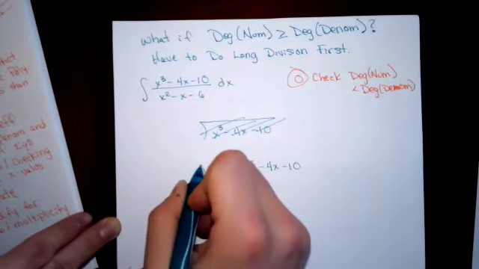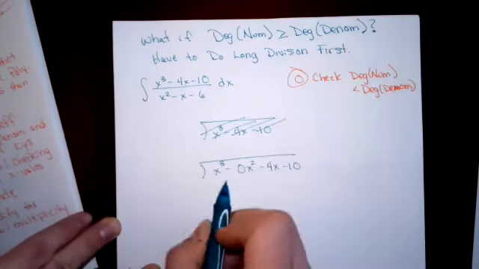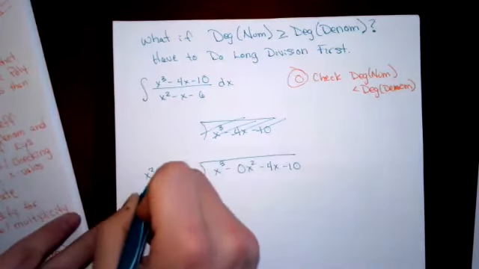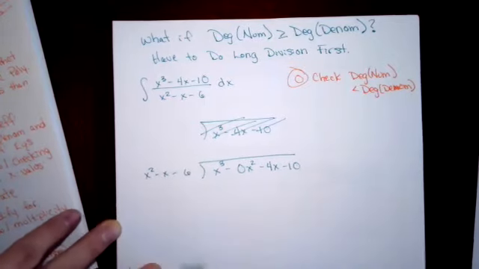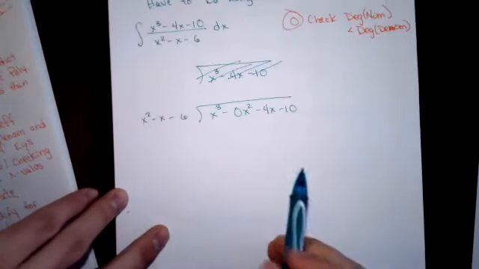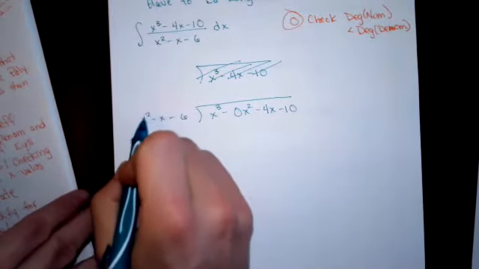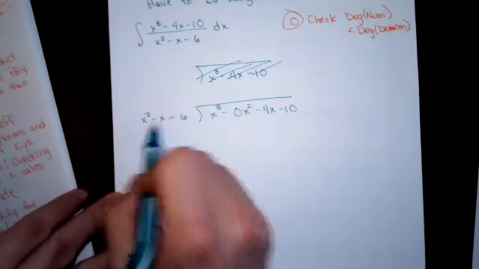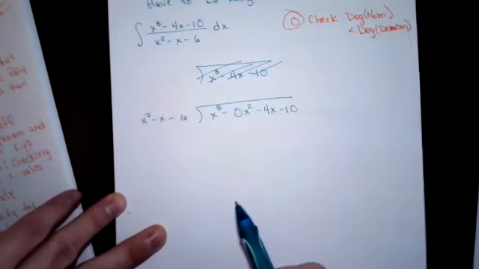And then we are dividing by x squared minus x minus 6. You always compare the highest powers first, and then the rest kind of just follows suit.